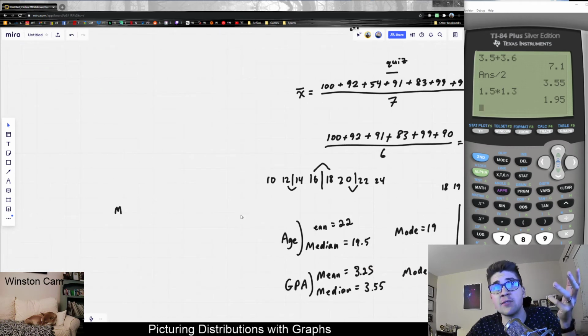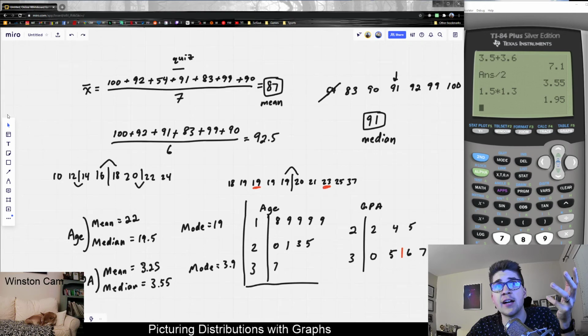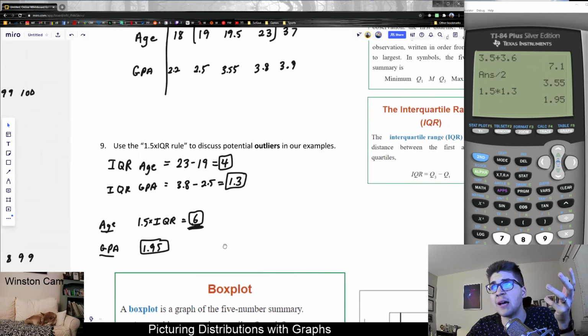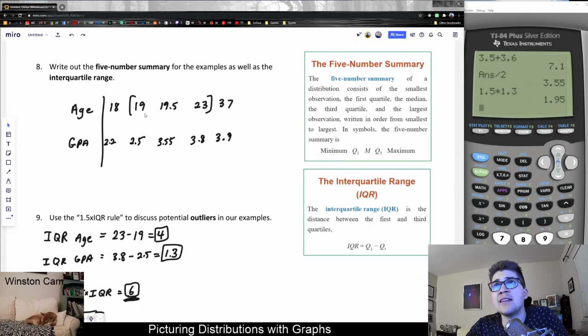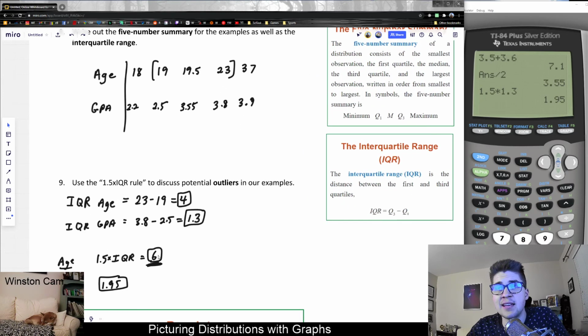But basically, we can now say, how do I know if they're an outlier from the 1.5 times IQR rule? In this case, quartile 1 was 19, quartile 3 was 23, and 37 is way far away from 23. In this case, 6 is our 1.5 times IQR.